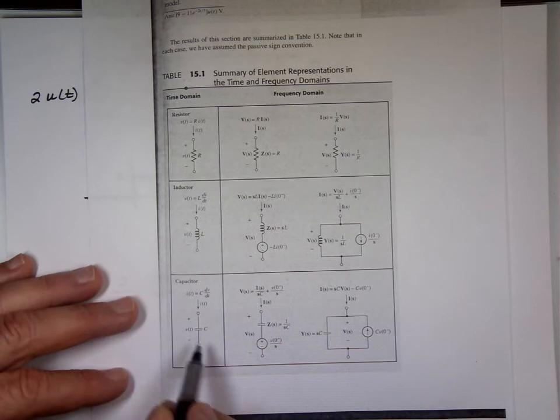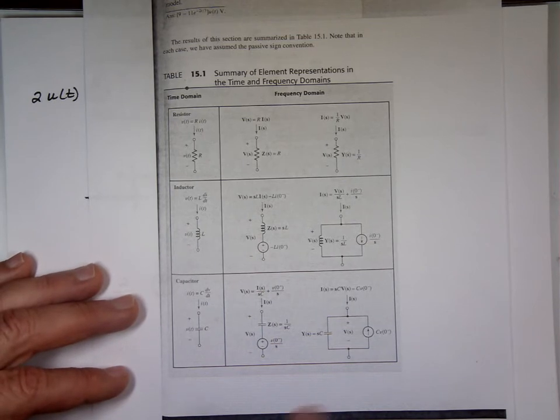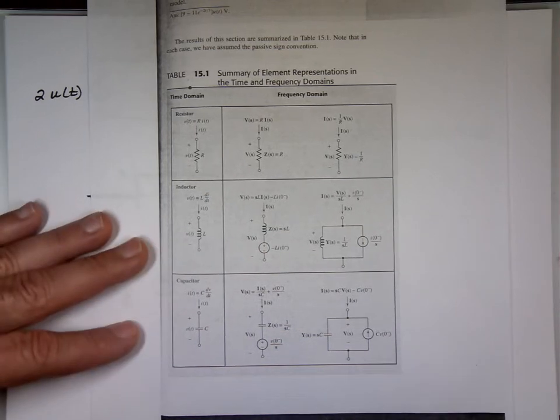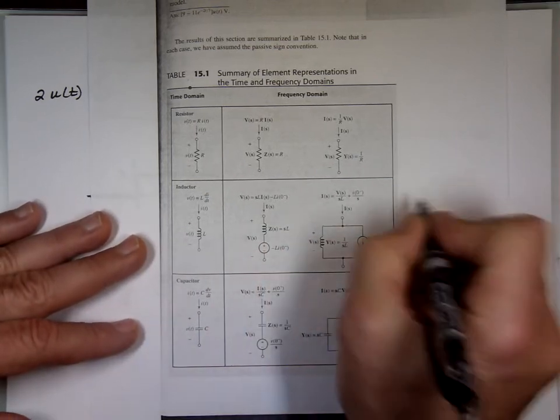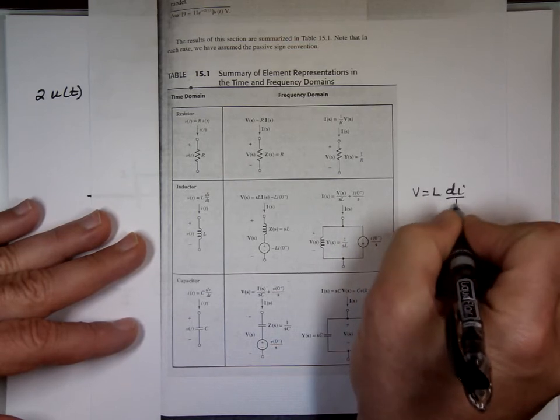When you have a capacitor with the value of C, remember, I equals C dV/dt. I'll just write it down here next to this. For an inductor, V equals L di/dt.